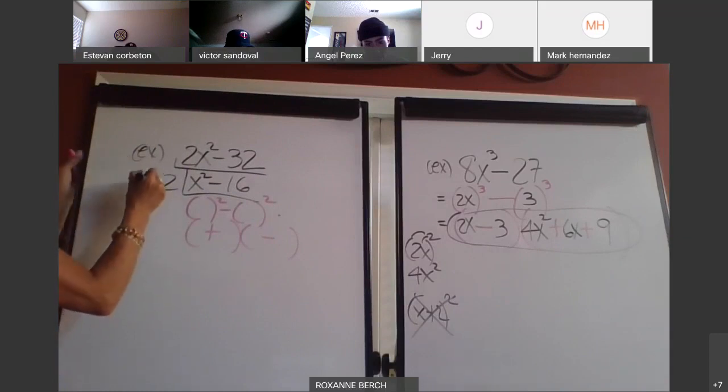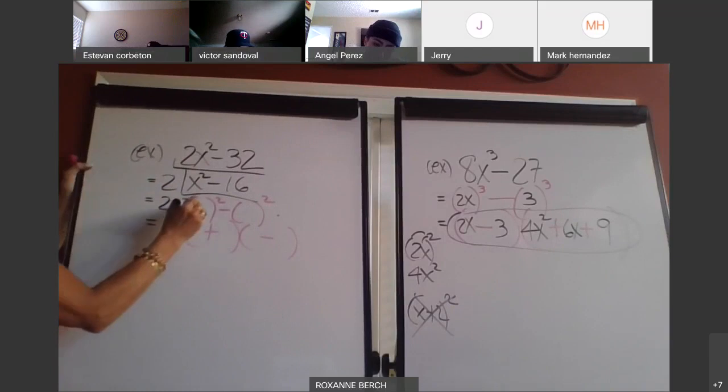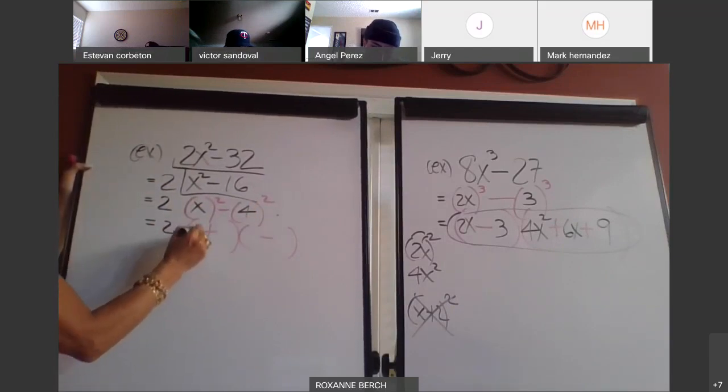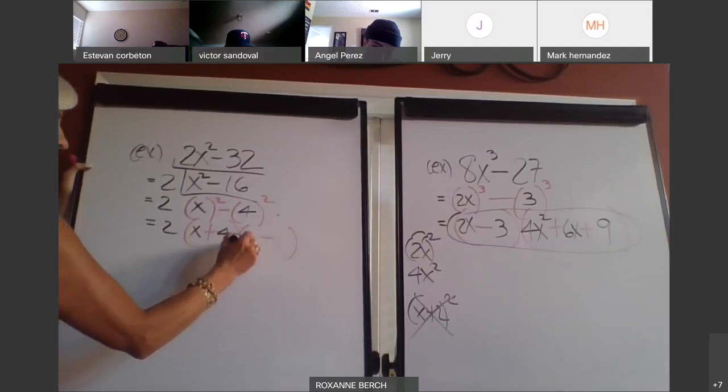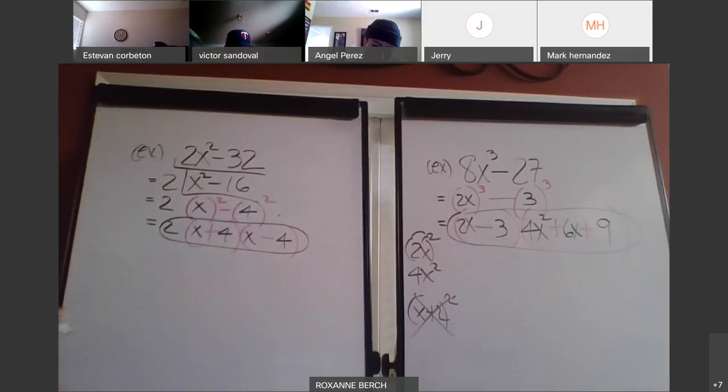What happens with this 2 is it floats down, and this would be x, and that would be a 4. So this would be 2 times the quantity x plus 4 times x minus 4. So I had to factor twice in this problem. I had to do a GCF, and then I had to do the difference of squares. So just remember, you have to factor completely.